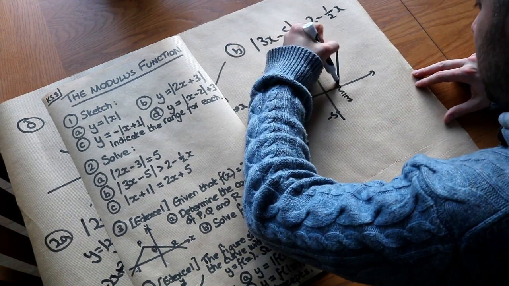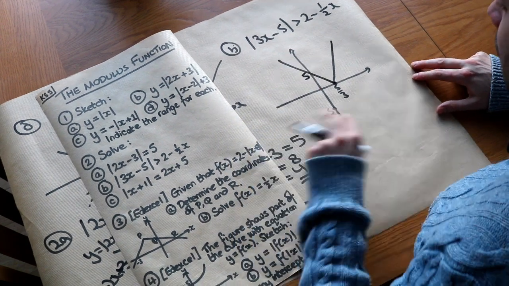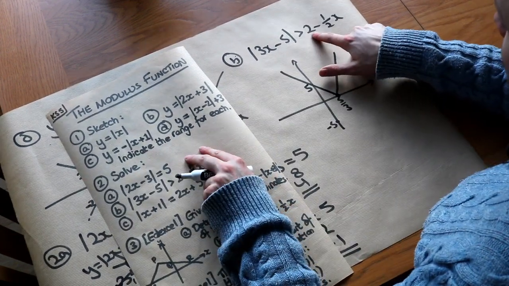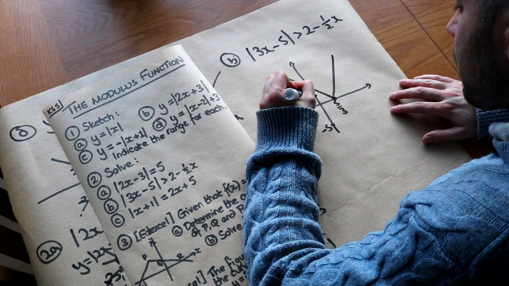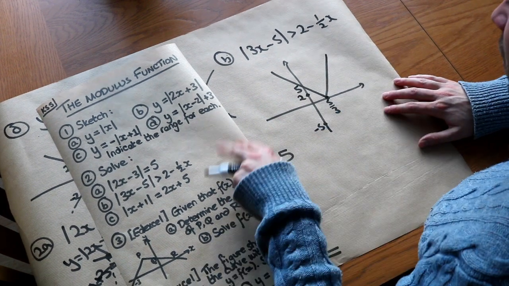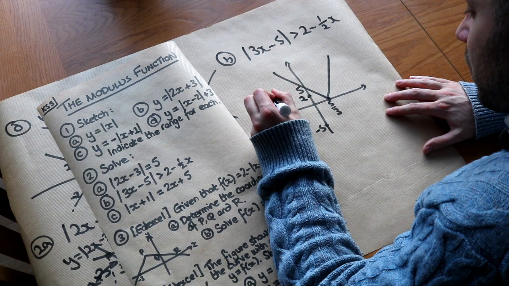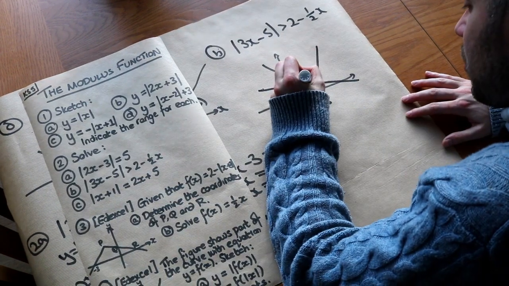So it's initially coming down, and it would go through here, but it's flipped up, and that's going to be 5 there. Now if we also sketch this line, y equals 2 minus half x, it has a y-intercept of 2, and then it has a negative gradient of minus half, so it's going to be going down slightly like that.